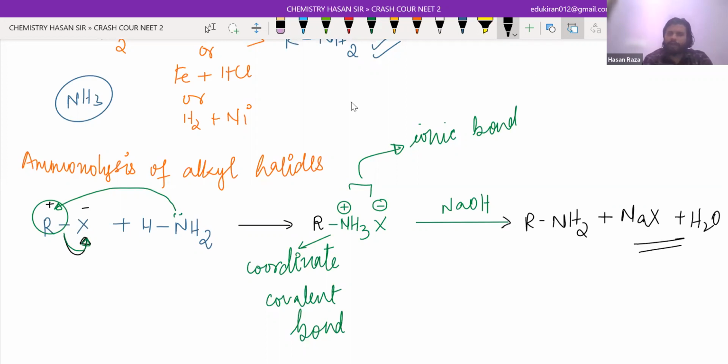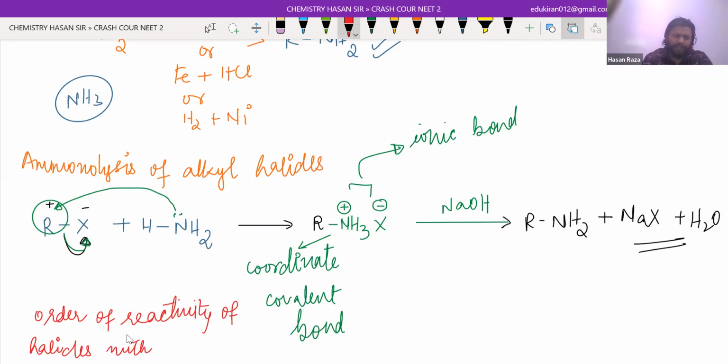The most important point here is the order of reactivity of halides with ammonia or with amines, which will be RI, then RBr, then RCl. This is very simple. Please do write it.